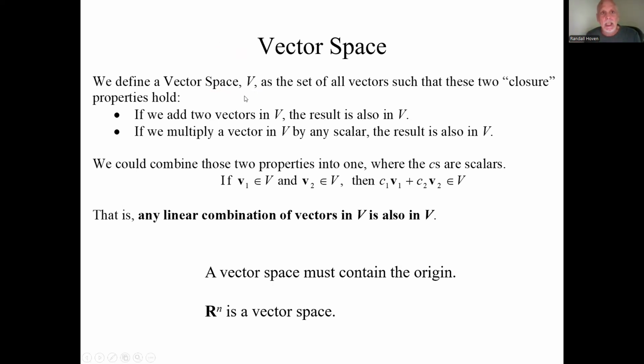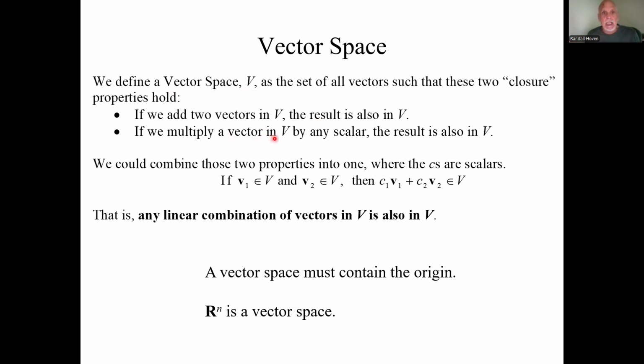So we say some set of vectors, space, which you may or may not be able to visualize or draw, is these two properties, or these two closure axioms that hold. If I add any two vectors in this set V, the result must also be in V. That's a test.